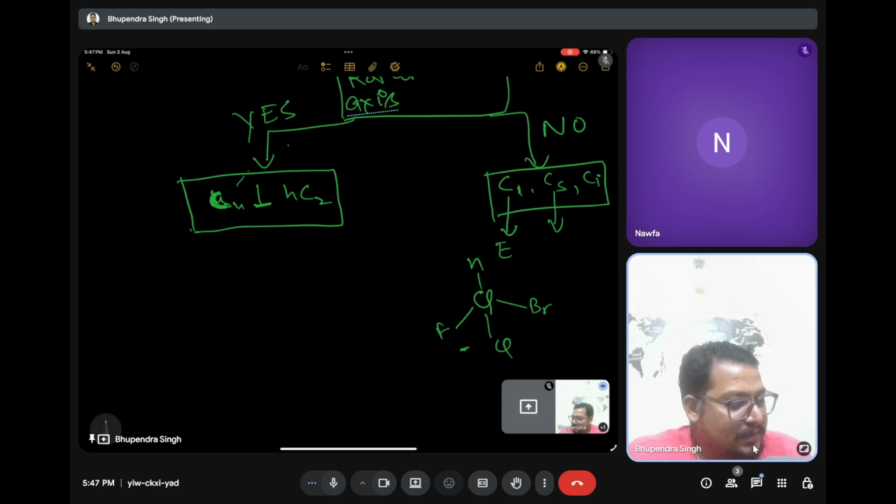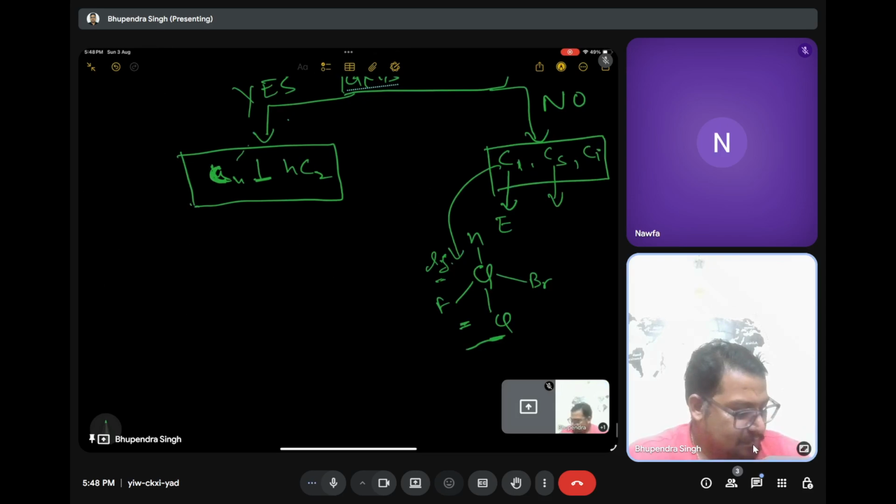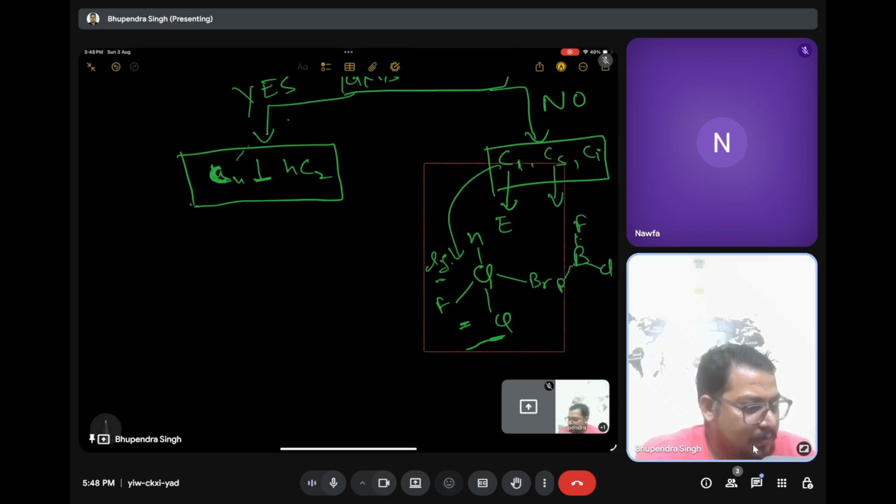So C1 could be present. This is the example of this one. Anyway, for Cs, a molecular plane is present, but this is different. Let's say BF, BCl, and BBr. Let's say this is the example for this one.